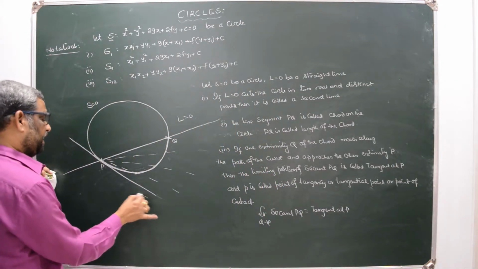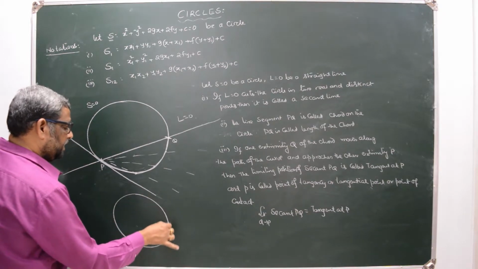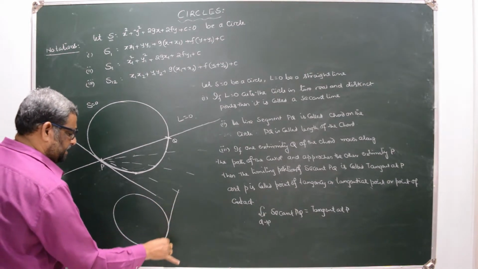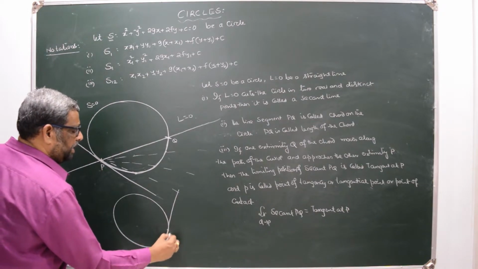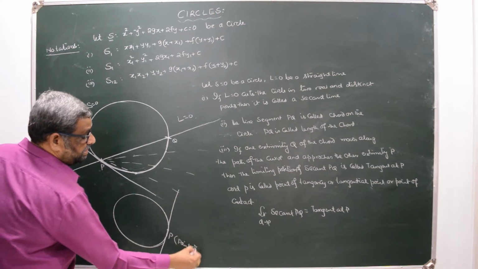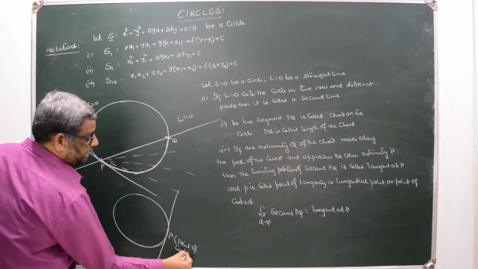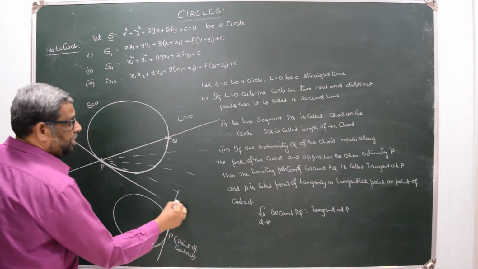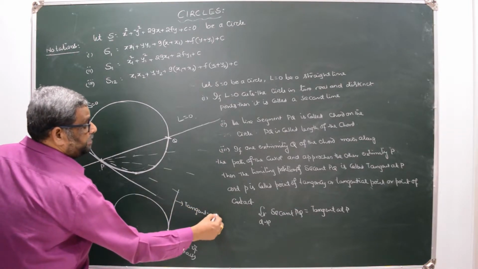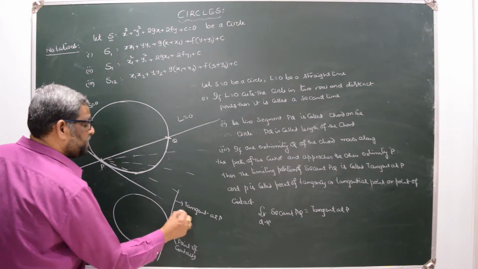Now, if I consider the circle like this and if the line is like this, then this is called P, the point of contact, and this is called tangent at P to the circle.